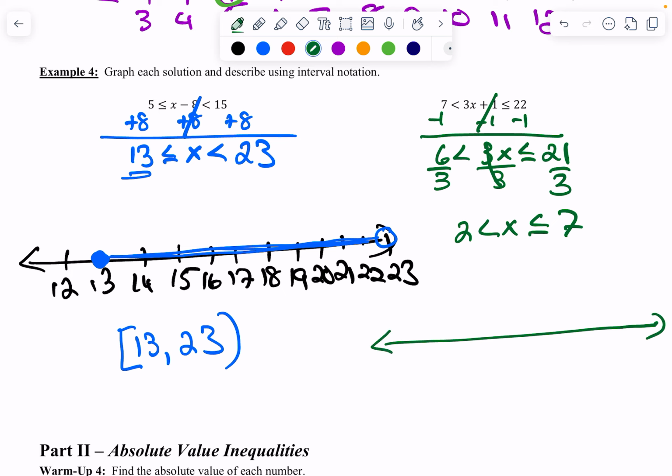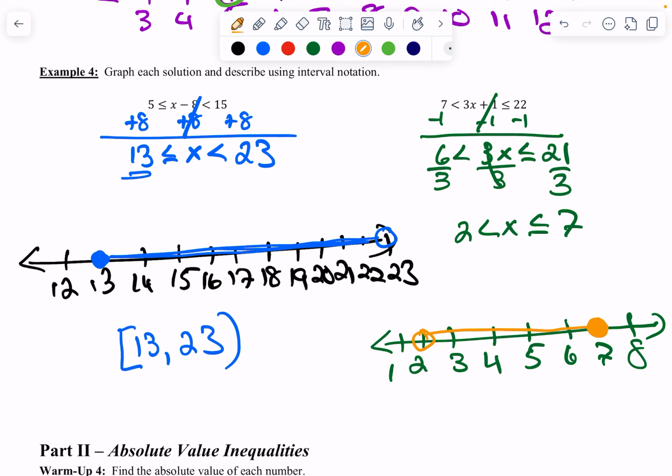So we can draw a number line here. 2, 3, 4, 5, 6, 7, 8. And graphing it on the number line, 2 is not included, so it's going to be an open circle. 7 is included, so shading it in.